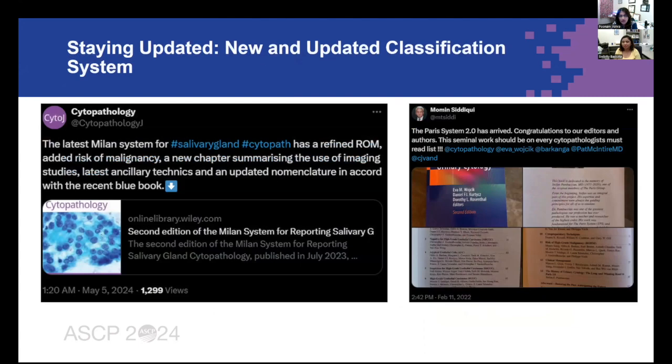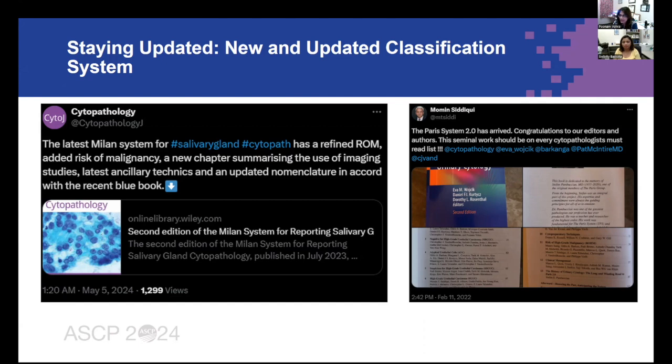Not only that, we also learn about new and updated classification through social media. As we know, classification system, whether it's WHO or another, for example, Milan system, is given on the left side example, and on the right side, I have the second edition of Paris system. It's constantly evolving, and new research and discoveries are made.